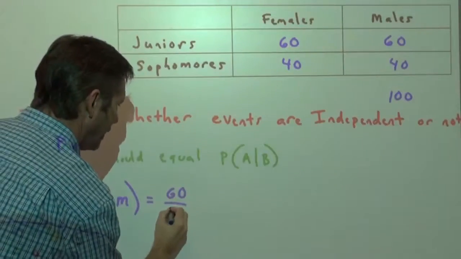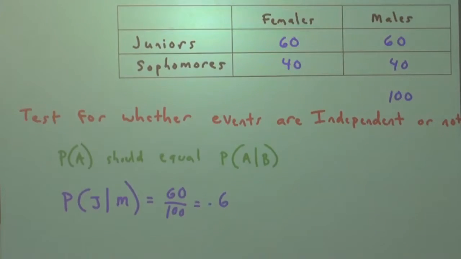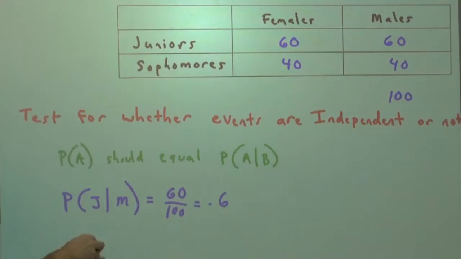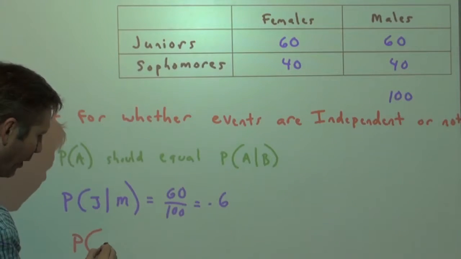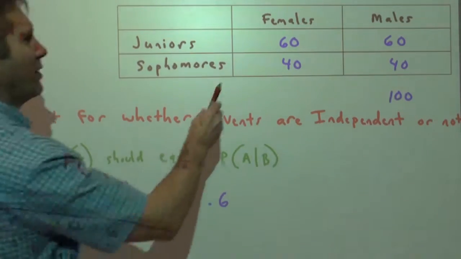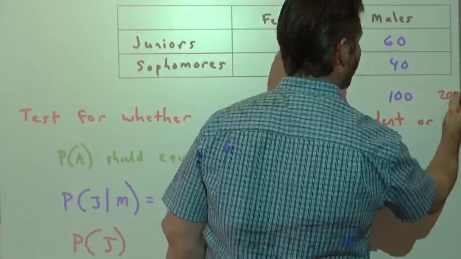So this would be a 60 out of 100 chance, which is 0.6. If these two events are independent, then this probability should equal the original probability of selecting a junior. If we look at it all together, there's 100 people here and 100 people there, so that's a total of 200.